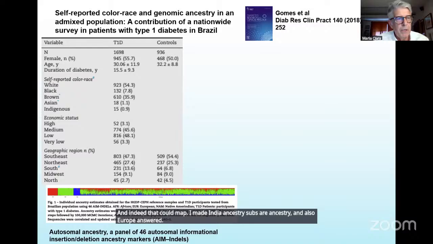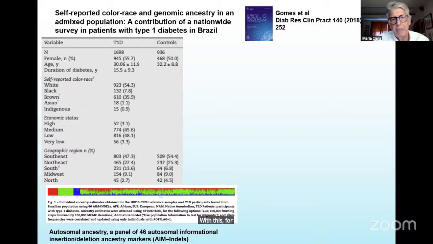With this 46 indels panel, she was able to look, and we see in this map down in the bottom here, in red and green and in blue, the different proportions of these ancestries. In each line, each point is an individual.